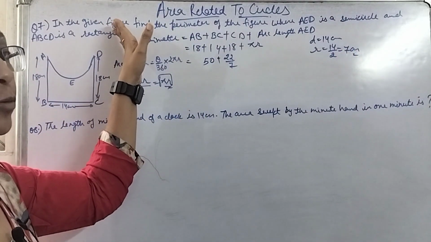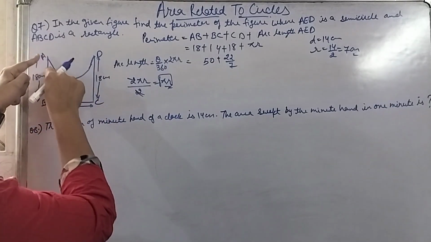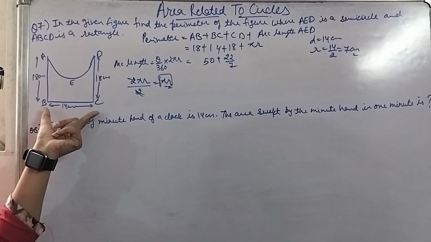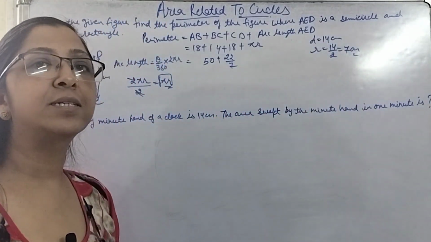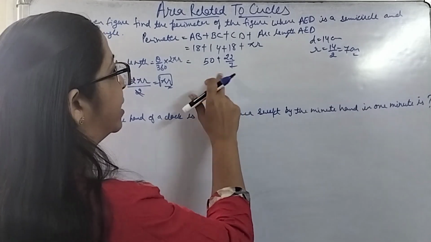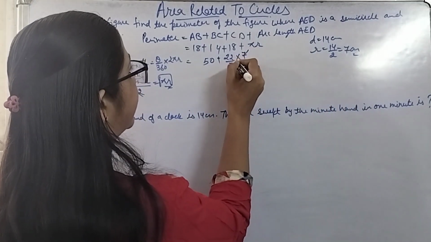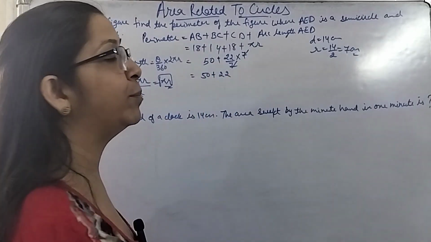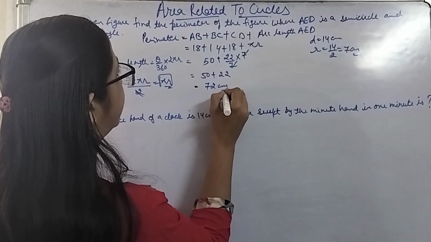Directly it was not given to us, but indirectly it was given in the question, because this BC is the diameter, AD will be the diameter. That means BC is the diameter, and if diameter is 14, radius will be 7. So over here pi we have taken as 22 by 7 and radius will be 7. 7 and 7 cancel. So the required perimeter will be 50 plus 22, that is 72 centimeter.